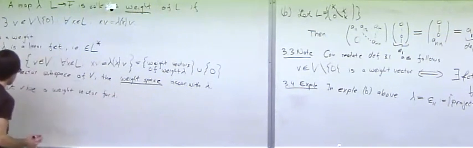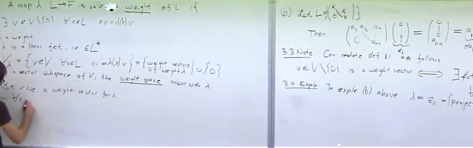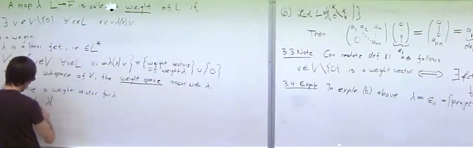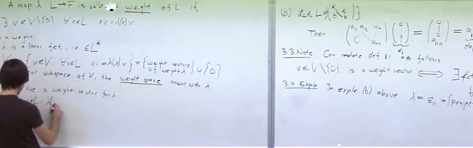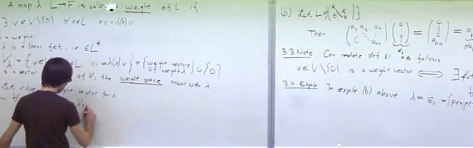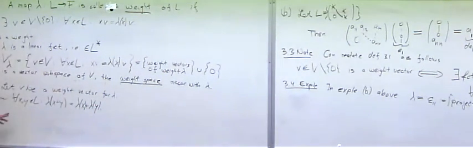So what we want to show is for all x, y elements of the Lie algebra, lambda of x plus y is lambda of x plus lambda of y. And this is the first part for the linearity of lambda.